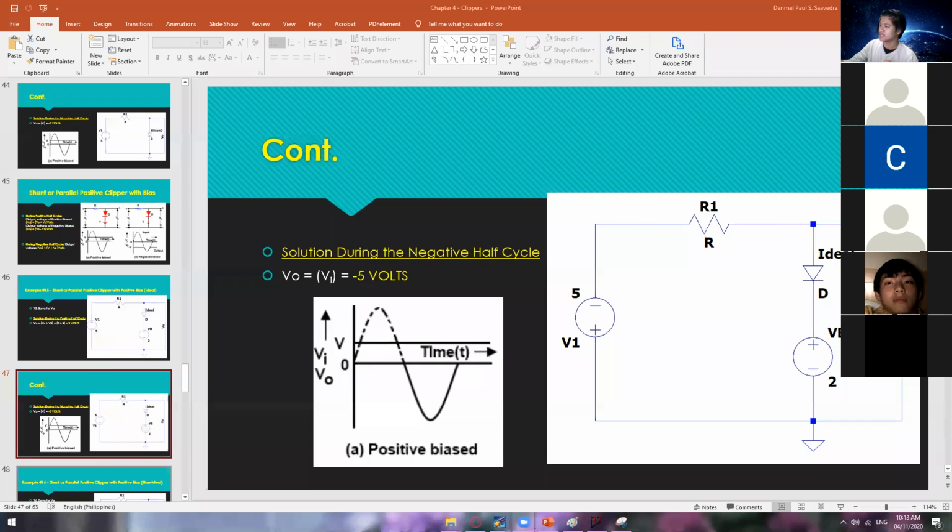But since this one is in reverse bias, no matter how many voltages are in here, still it will not be able to pass through our V sub O.